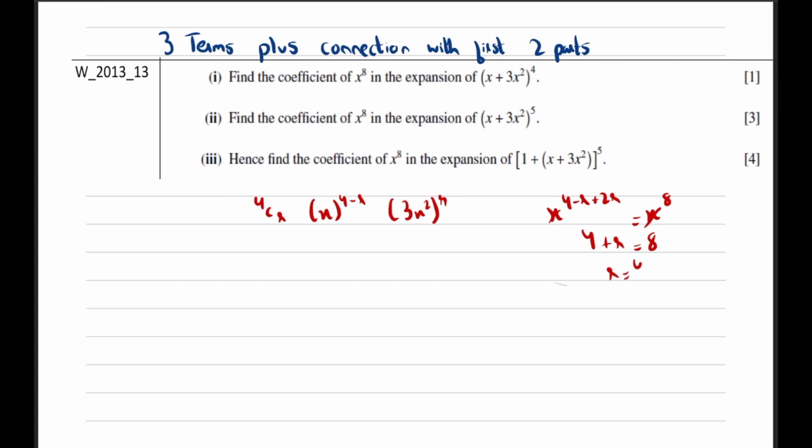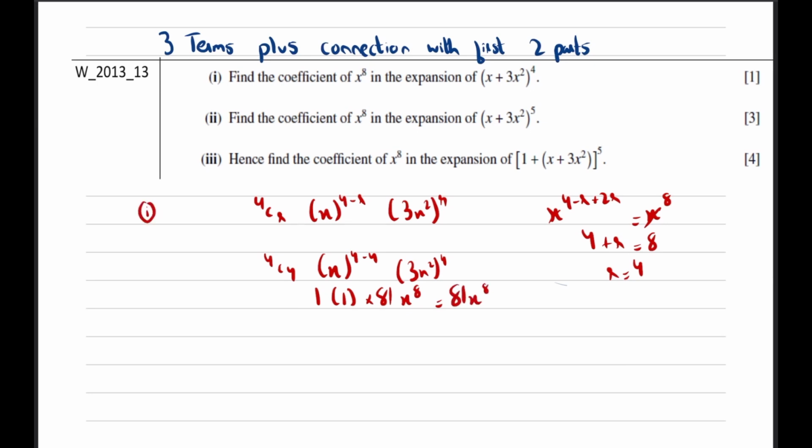The value of r is 4. Let's plug in: 4C4 x^(4-4) (3x^2)^4. So it's going to be 1, and x power 0 is going to become 1 again, and then 3 power 4 is 81 x power 8. Do you get this? So part 1 was really simple.